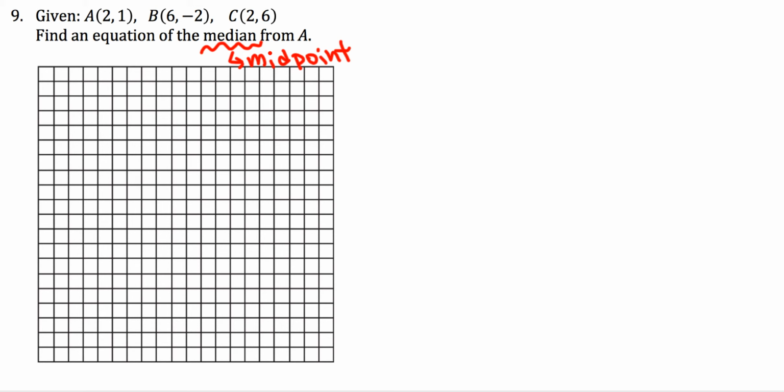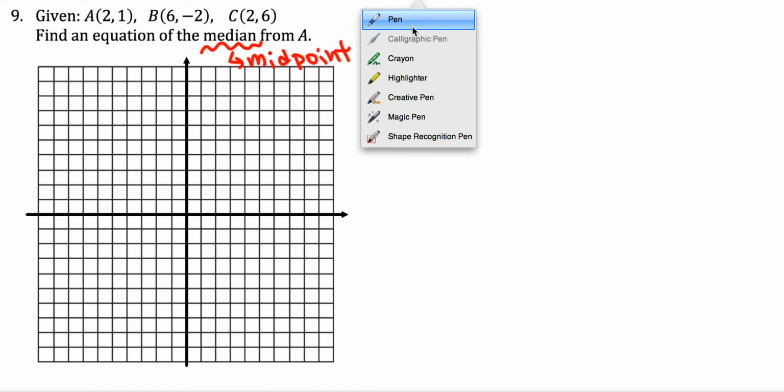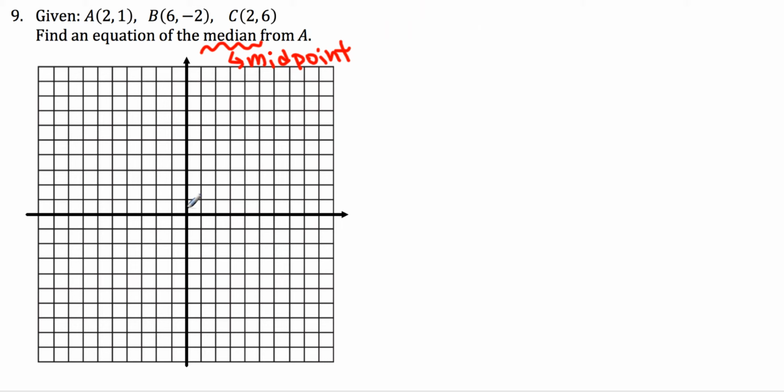So here, let's look at it. 2 comma 1 was A, 6 comma negative 2 was B, and C was 2 comma 6. This is the same picture as last time.